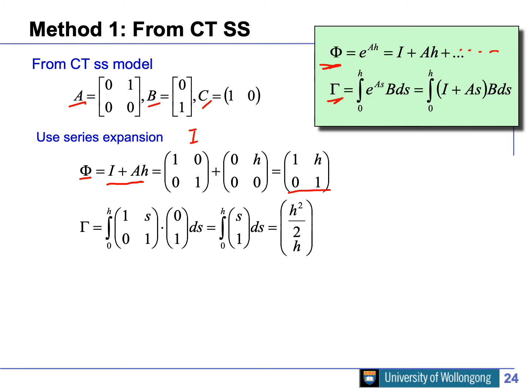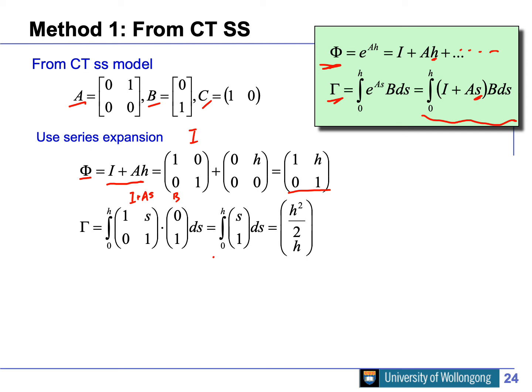Gamma is the integration of (I plus AS) multiplied with B, then dS. So this is I plus AS. Remember, this is AS, this is not AH. Just be careful because we have to integrate over S to actually get H. So this is I plus AS, this is B. We multiply them together: first row, first column, second row, first column.